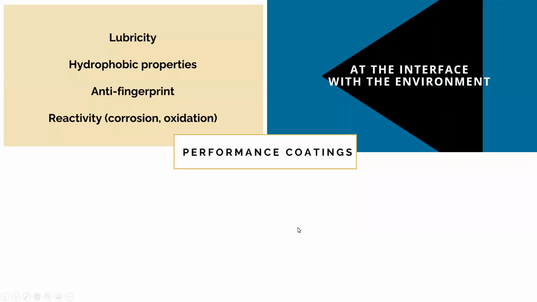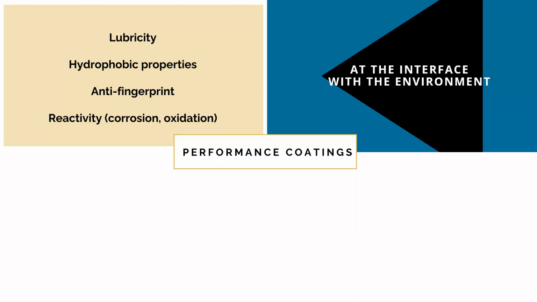With regards to performance coatings and functionality, where does that functionality come from? You can have something that is right at the interface of the coating with the environment, in which case you can have low friction, we can call it lubricity, and hydrophobic properties, which means that the coating has a surface energy such that water beads on top of it. So it's hydrophobic, it's fear of water.